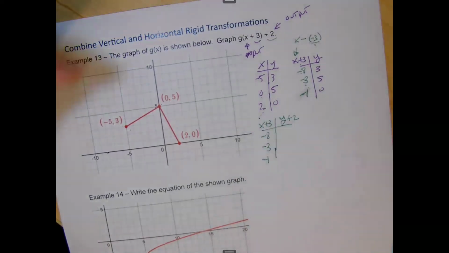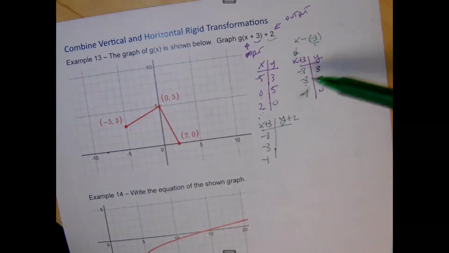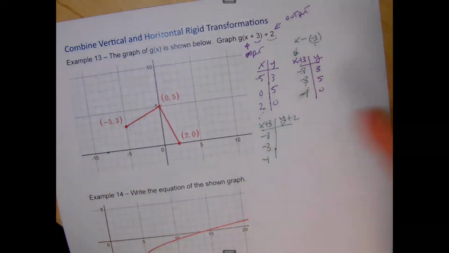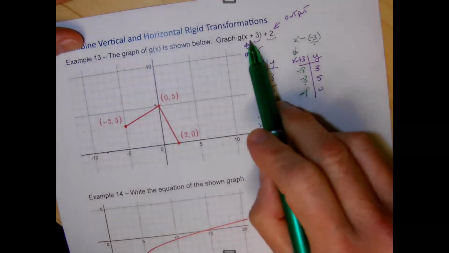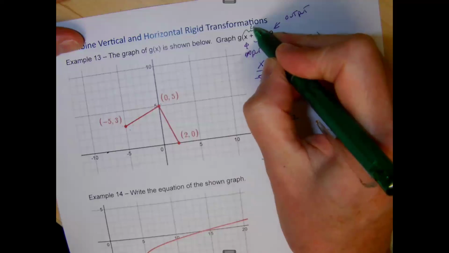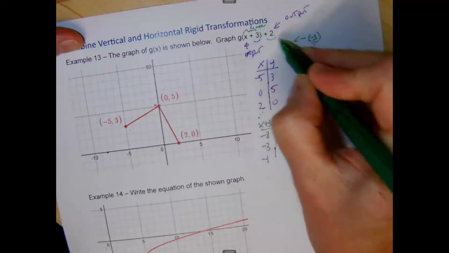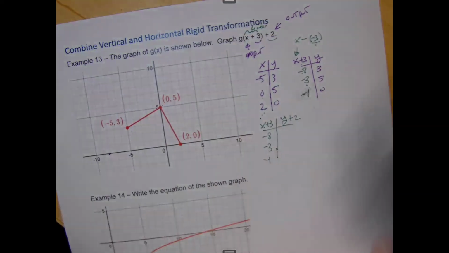I know this is connected to an equation function, but the reason this is so important is that we start understanding that if we're doing a composition, what's inside here is linear. And when we're affecting the output, it's also linear. In both cases, I'm just adding a constant.